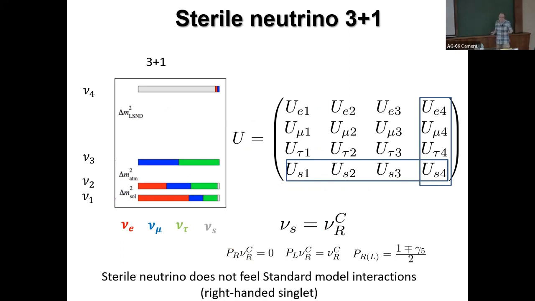And if, for instance, you add one sterile neutrino in your model, you are going to extend the neutrino mixing matrix. Remember that yesterday I showed you the 3 times 3 neutrino mixing matrix, but you can enlarge the dimension to 4 times 4. This is basically the change that you have to make in order to enlarge your sector.